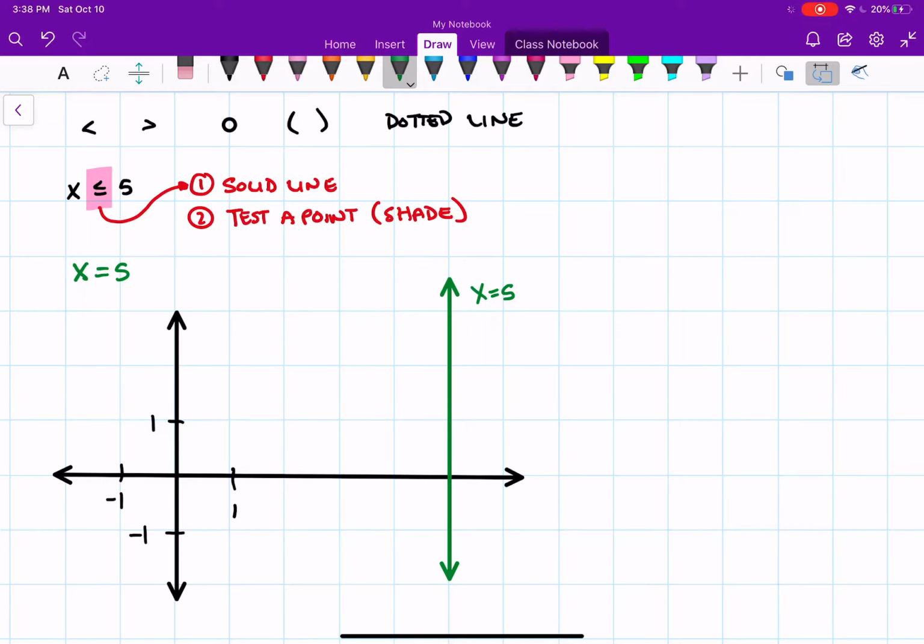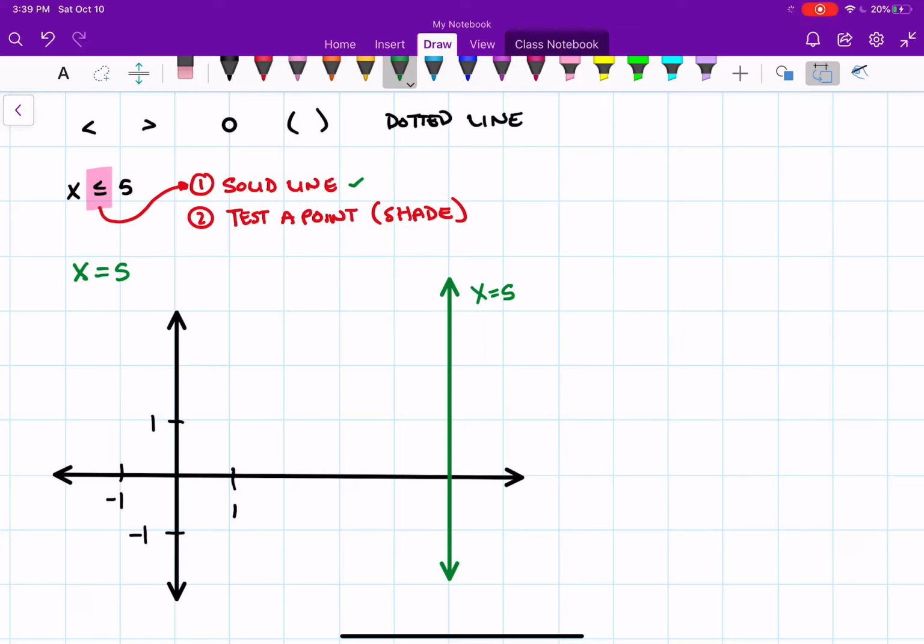So part one, check, done. I graphed a solid line at x equals 5. Now I need to test a point. With vertical or horizontal lines, you don't really need to test, because it's pretty obvious what is less than 5. Everything to the left of 5 would be less than, because 4 is less than 5, 3 is less than 5, 2 is, 1 is, 0 is, and so on.